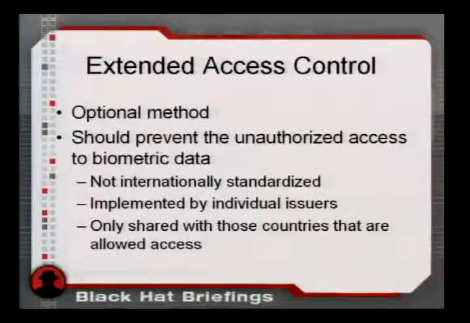This is optional because some countries are not interested in sharing biometric information with others. It's not standardized, and it's implemented by individual issuers, and it means that the content in DG3 and DG4 is encrypted and can only be accessed by one of the countries that allowed shared access.